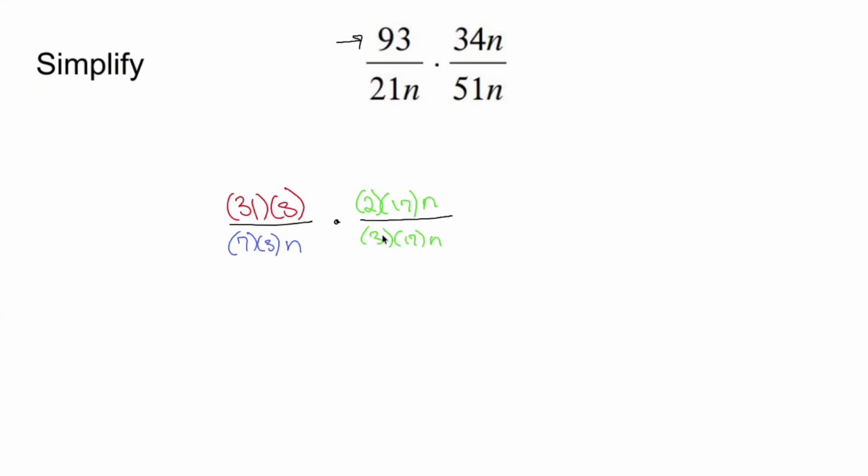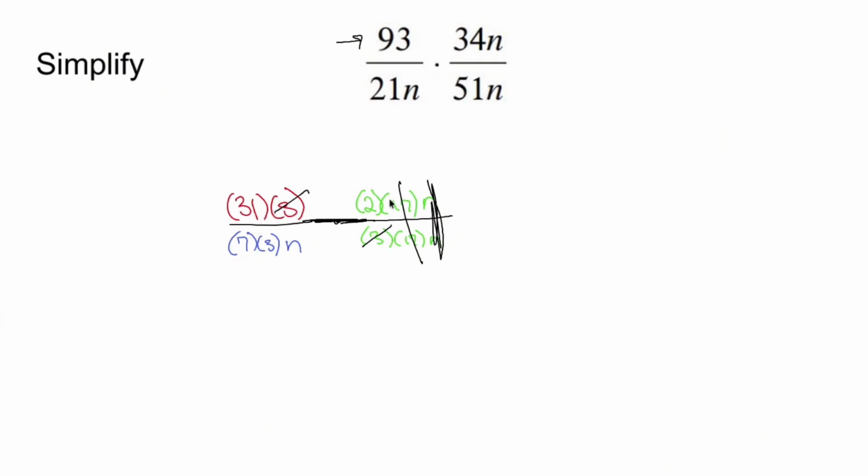When you multiply fractions, you basically multiply the top and the bottom. When you're multiplying straight across the top and straight across the bottom, anything in the numerator that's the exact same as the denominator crosses out. So these n's cross out, these 17's cross out, these 3's cross out. Anything else? No, I think that should do it.